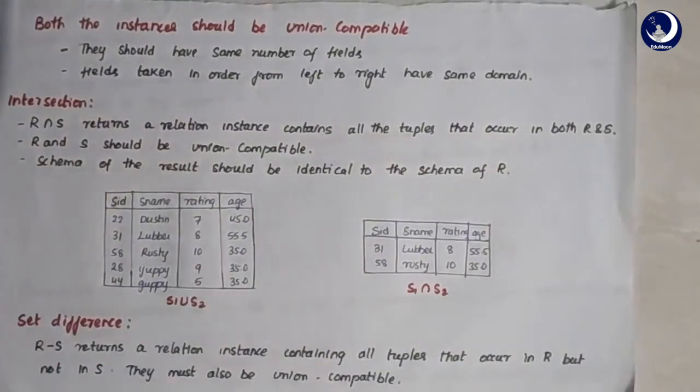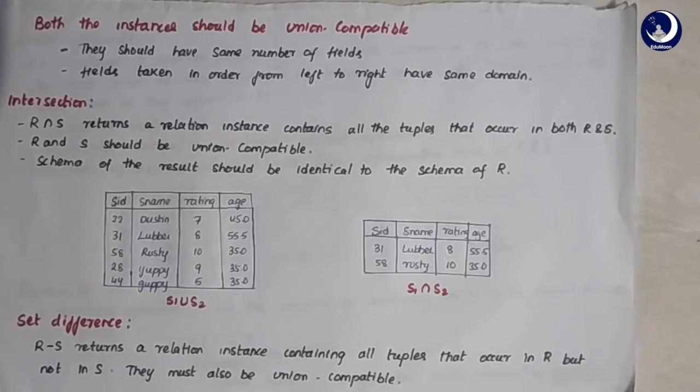For being able to apply a union operator on any set of instances, we need to follow certain conditions. That is, both the instances should be union compatible. What is union compatible? It's a new word. Let's see how any two relations can be union compatible. We have two conditions. The first one is that they should have the same number of fields. The number of fields in one instance should be the same as in the other instance.